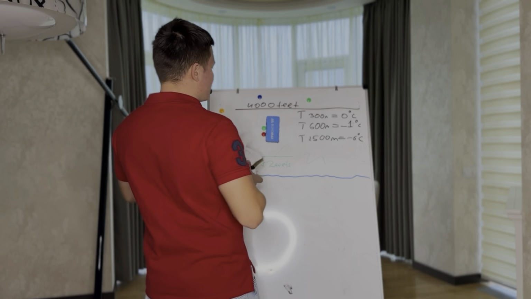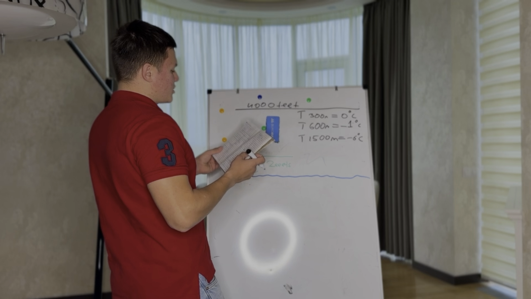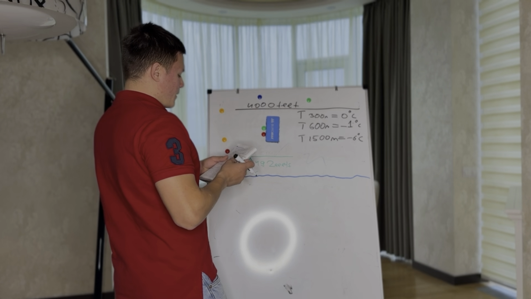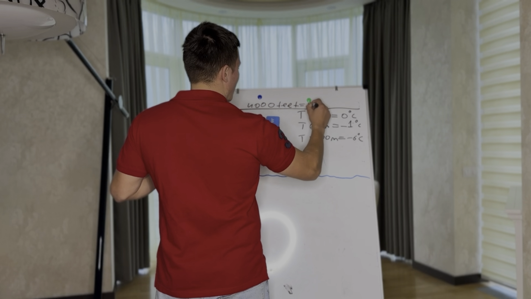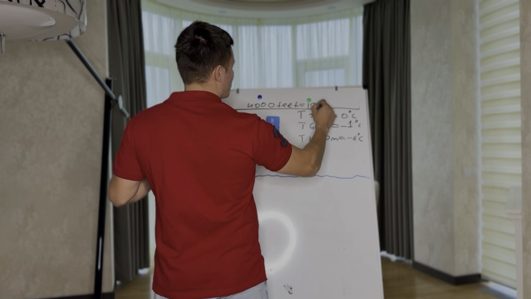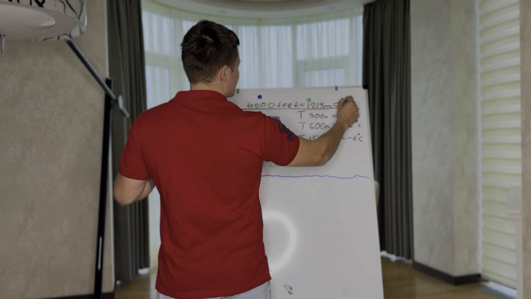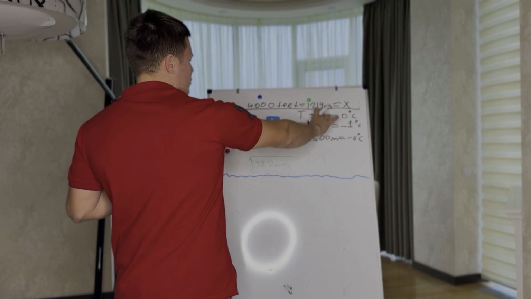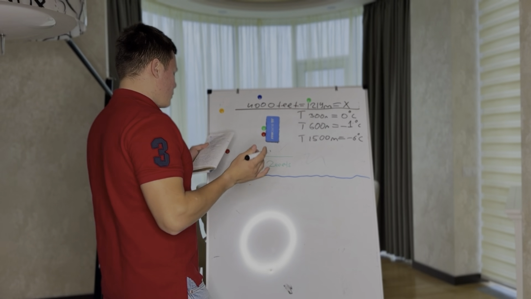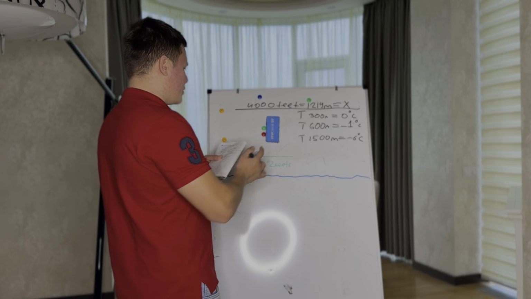And 4,000 feet will be 1,218 meters, and the temperature there is unknown. According to this, I will calculate the temperature at this height.